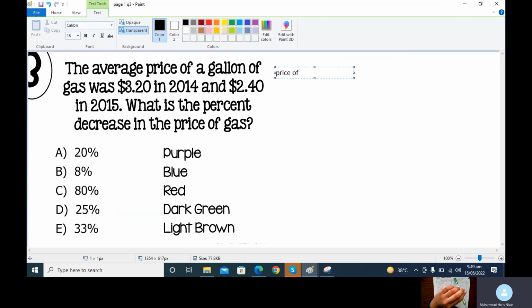Price of a gallon of gas in 2014, and price of a gallon of gas in 2015 is equal to $2.40.